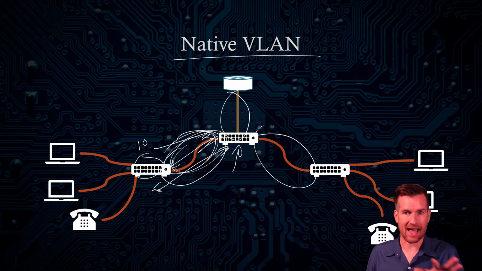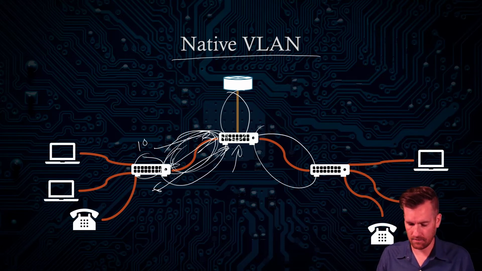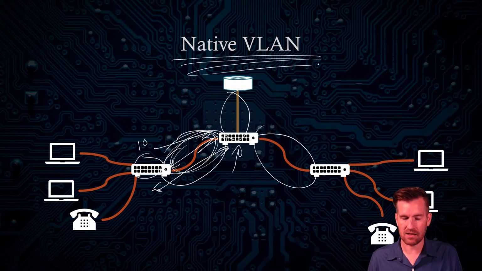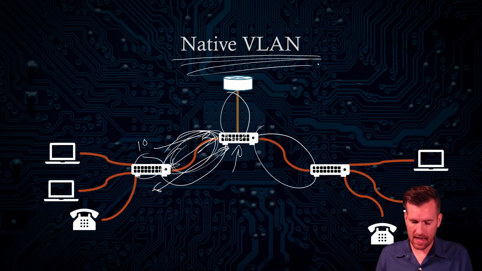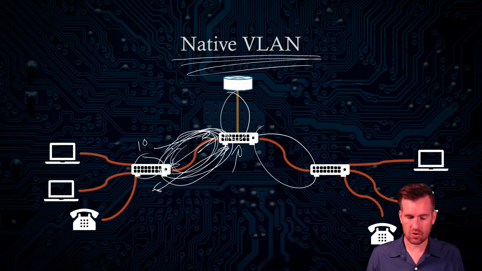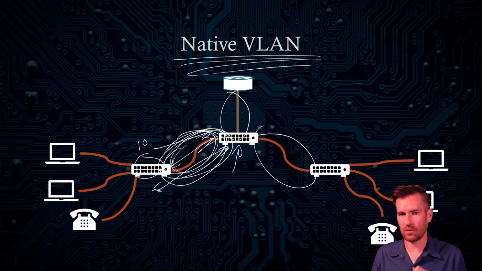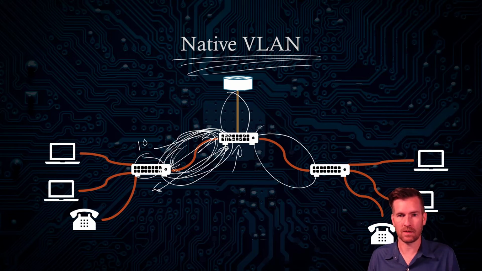Then they can speak that layer 2 language, that layer 2 protocol, back and forth. So that's the native VLAN. You find it on trunk lines, it's per trunk line, and it's the untagged traffic. We'll talk much more about VLANs and trunking and how we can tag that traffic within a trunk line.